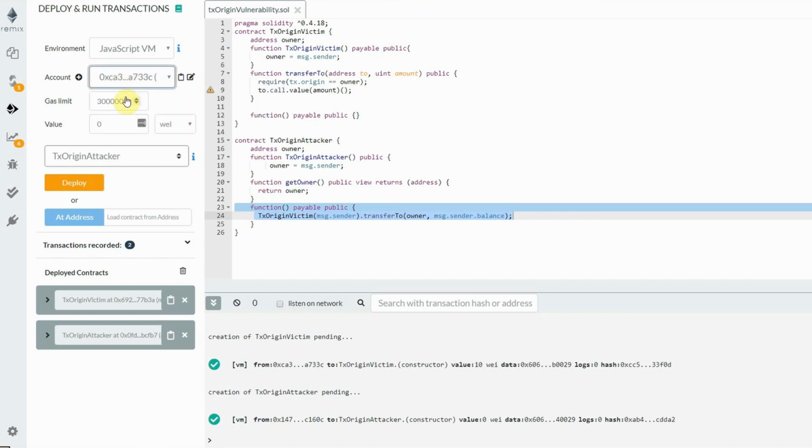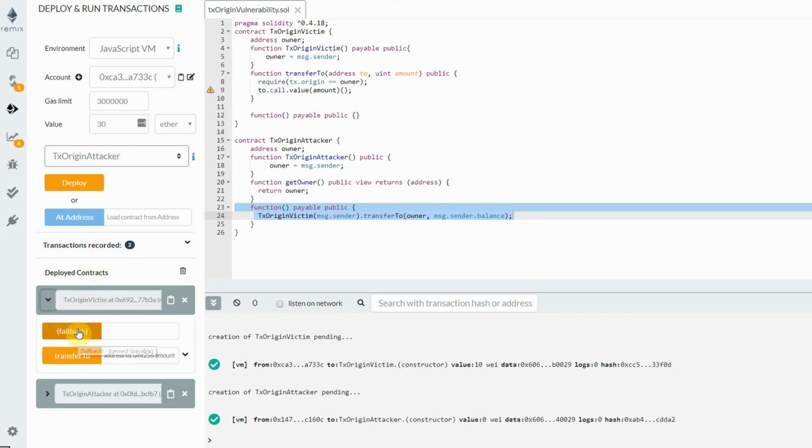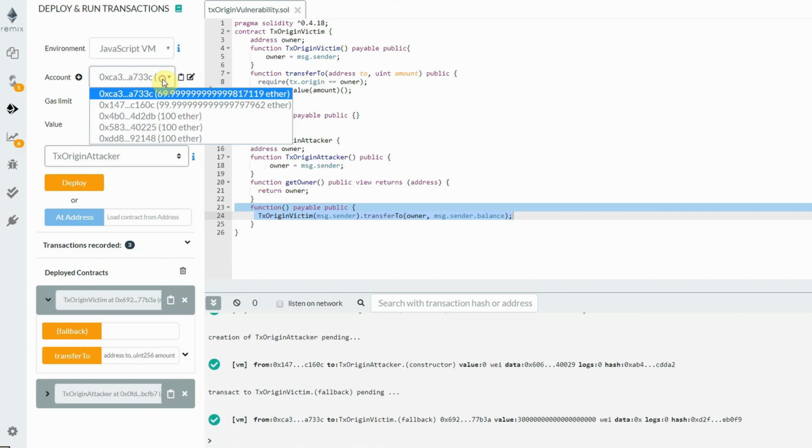Now let's go back to the original contract and add another 30 Ether to it. We can do it using the fallback function by putting a value in the amount. And now we can see that this account is short 30 Ether and some few wei that we sent at the beginning.